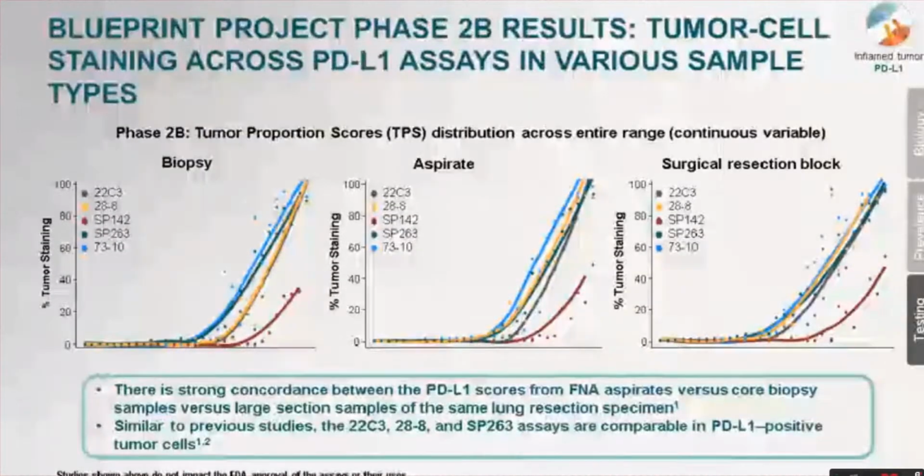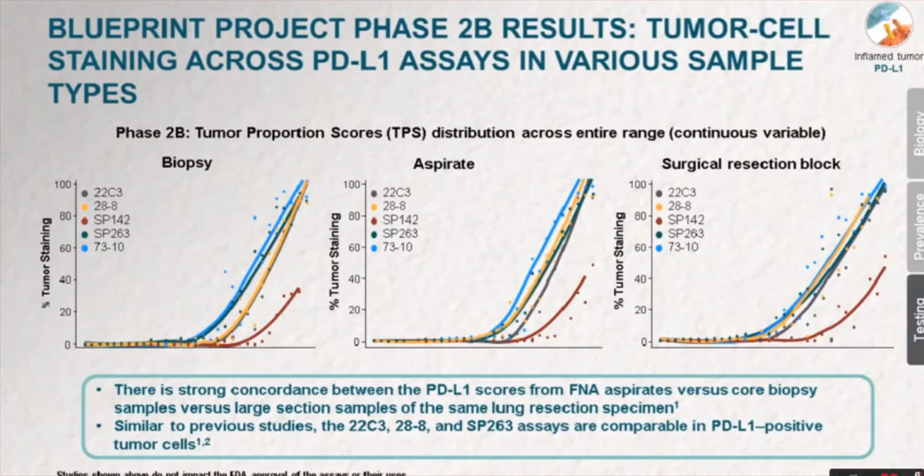There have been some concordance studies comparing the various clones. You can see them listed here. There are 5 clones that were analyzed in these studies: 22C3, 28-8, SP142, SP263, and 73-10. In general, there is high concordance amongst the clones, with the exception of SP142.